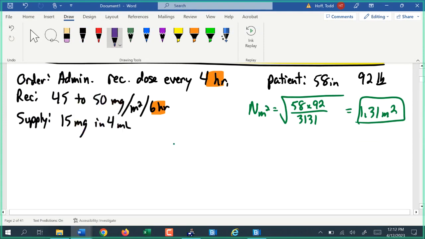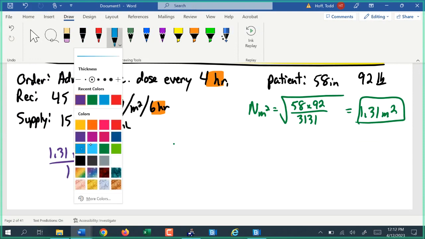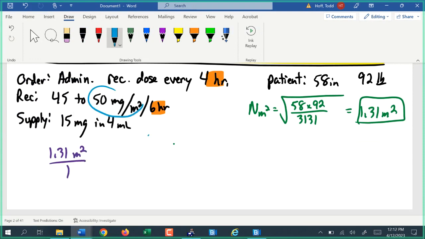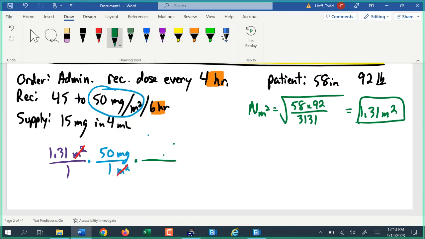We come back, we'll start with that 1.31 meters squared to start our calculation. And again, we'll go with the maximum recommended dose, 50 milligrams per meter squared. Canceling out meters squared, so I put that on bottom. 50 milligrams per 1 meter squared, and the meters squared will cancel out. Well, we don't want milligrams either. We're going to get that into milliliters.